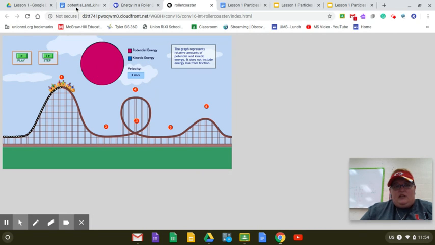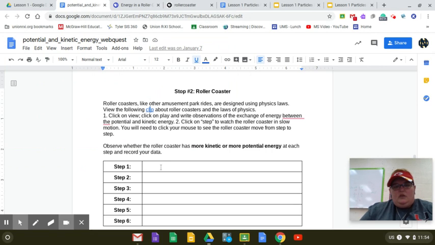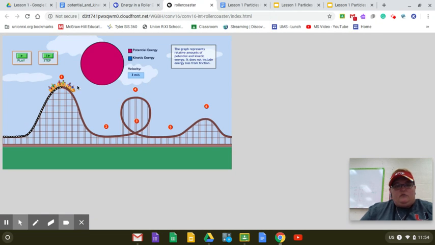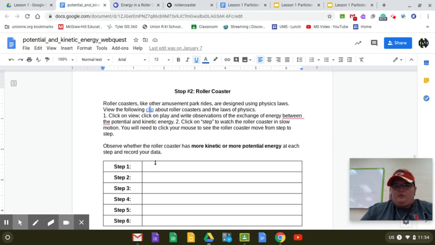So on your assignment here, you would just need to tell me, is there more kinetic or more potential? So you would just simply put in kinetic or potential, whichever one there's the greatest of, which you can see from right here, the greatest is potential. Okay, that means there's a whole lot of energy waiting to happen, but nothing yet, no movement. So I would just put potential right there because that's step one.